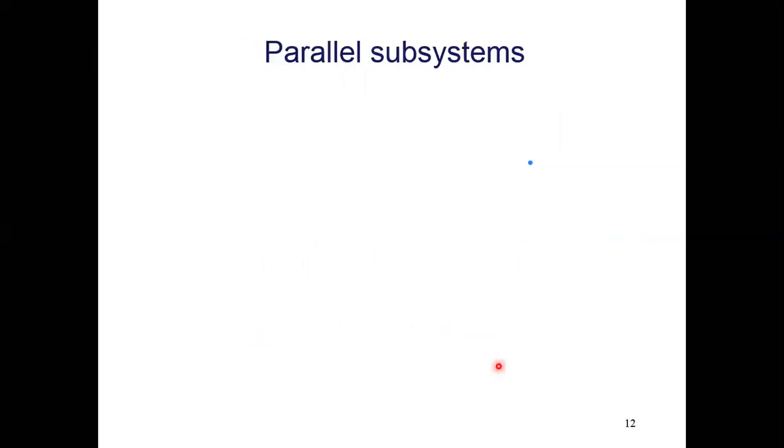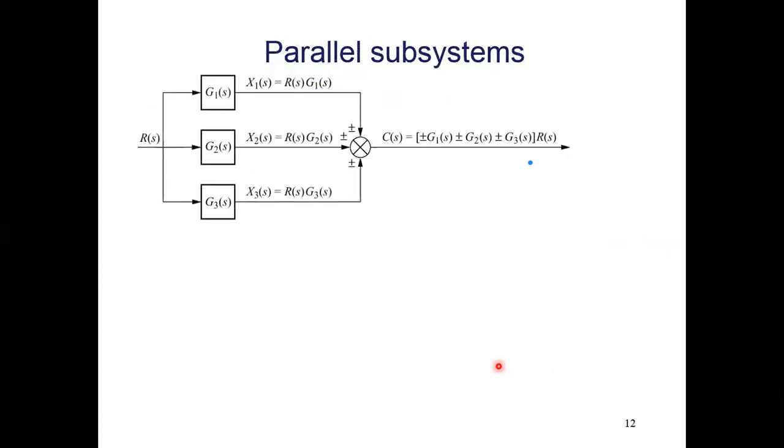Now we will convert our parallel subsystems into a signal flow graph. First of all, we will see how many signals we have. We will convert these signals into nodes. So we have R of S. Forget this pickoff point. Only see how many signals, because here we have R of S, and here we have R of S. So this is only one signal.